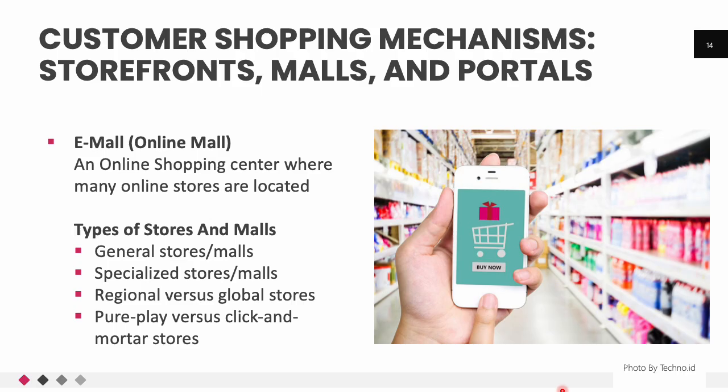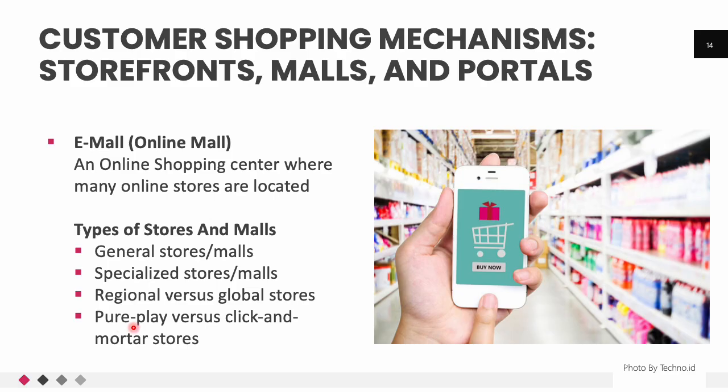And then regional versus global store. Regional targets a specific area. For example, in Southeast Asia, we have Lazada. And for global, serving worldwide, we have AliExpress, something like that.